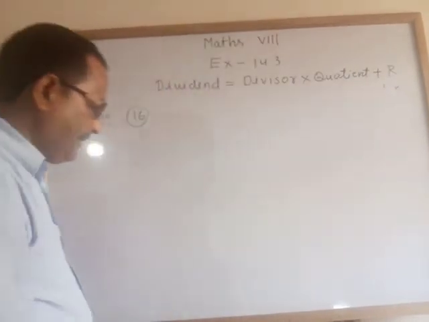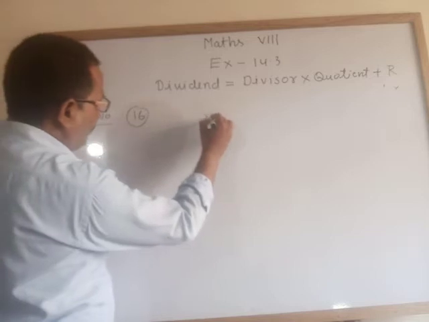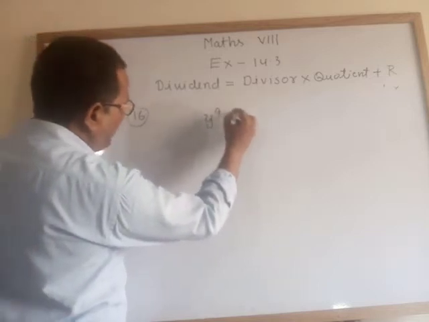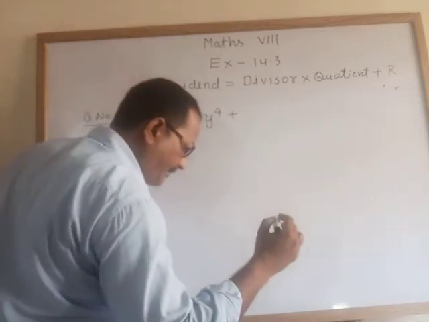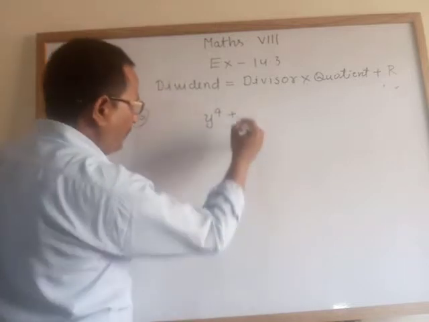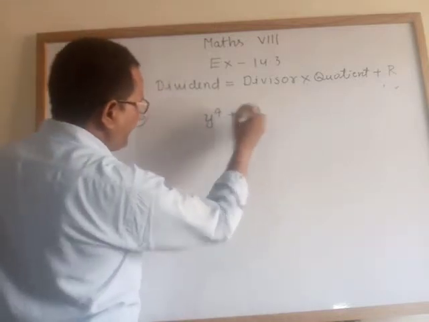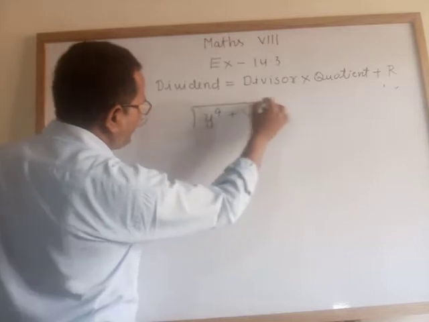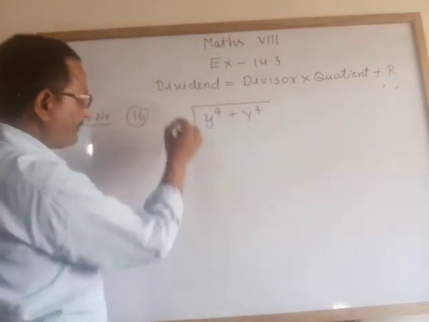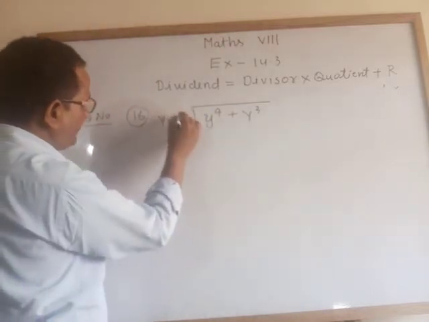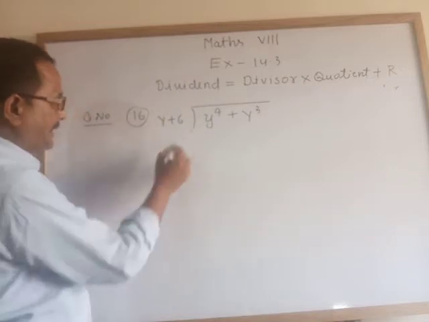Given here y to the power 4 plus y to the power 3 divided by y plus 6. What method have I explained?